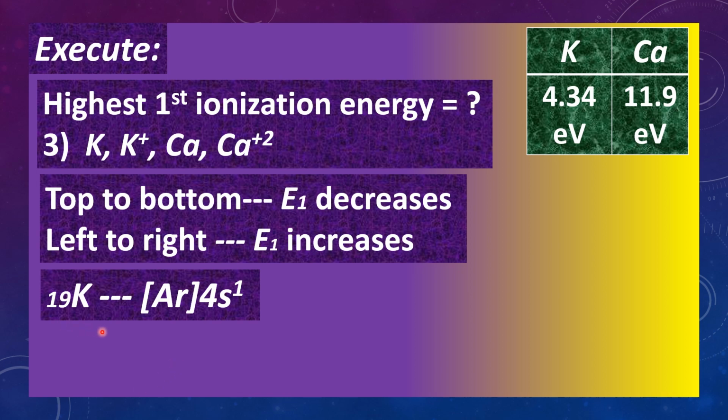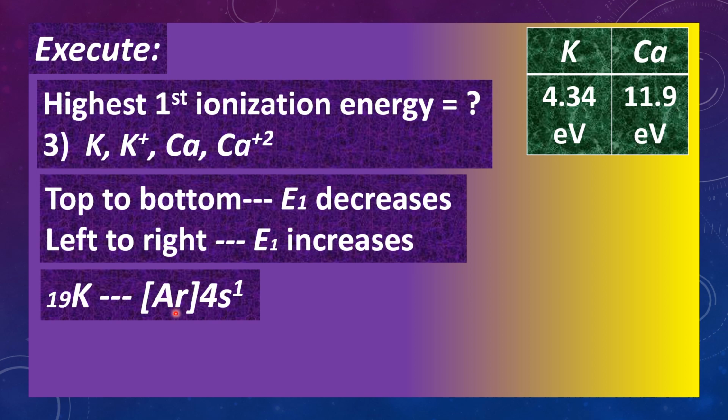For instance, potassium, whose atomic number is 19, can be represented by this shortcut electron configuration using what we call the bracket argon notation. As you may all know, argon has a total of 18 electrons, so its atomic number is 18, of course.